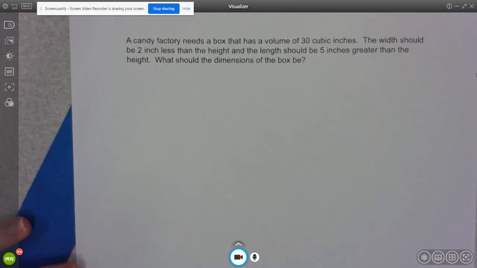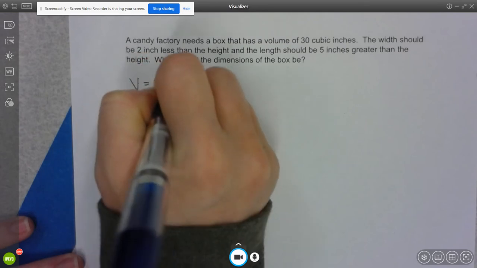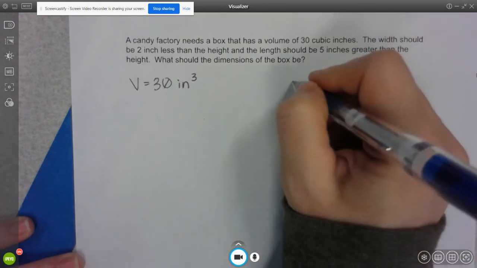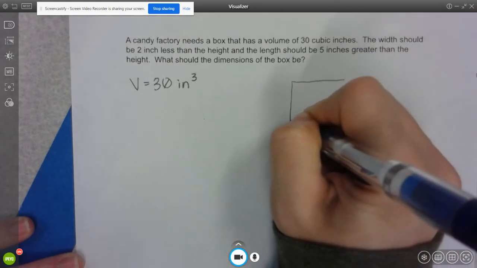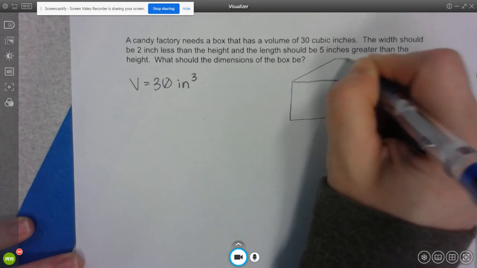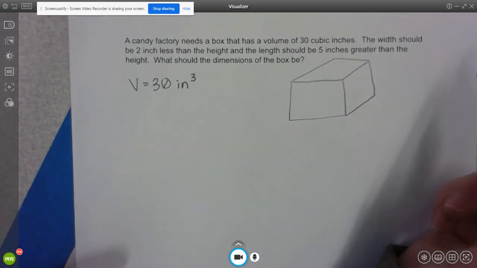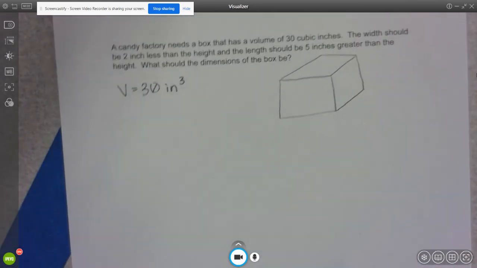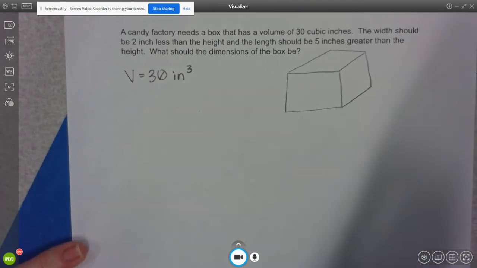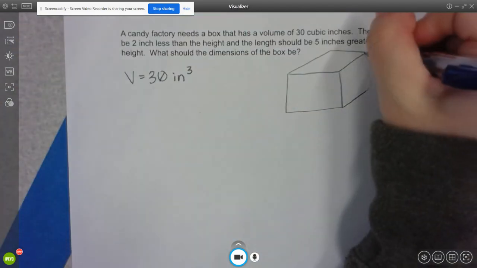All right, so we're creating a box that has a volume of 30 cubic inches. So I'm going to go ahead and start drawing myself a picture. So the width should be 2 inches less than the height, and the length should be 5 inches greater than the height. So I'm going to make the height x. Whew, my drawing skills are rough today.